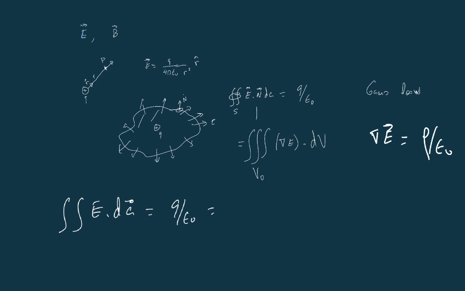But the charge is the total charge inside the closed surface S. And the total charge inside the closed surface S is the integral of the density of charge, the charge per unit of volume, by the volume. The summation of the charge per unit of volume multiplied by the volume will give the total charge Q.